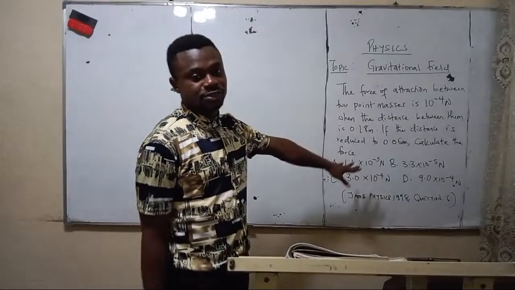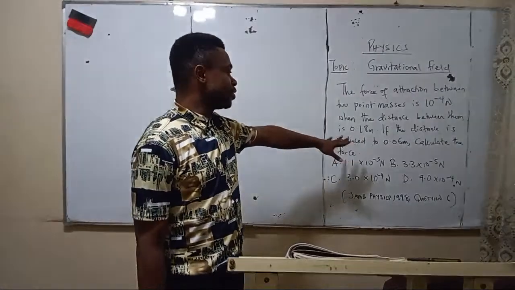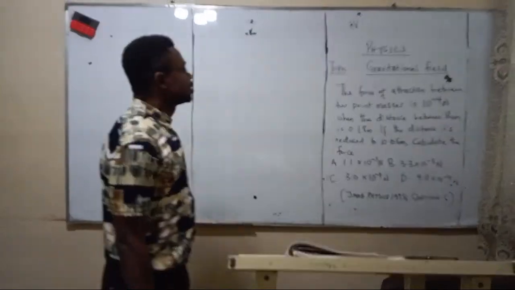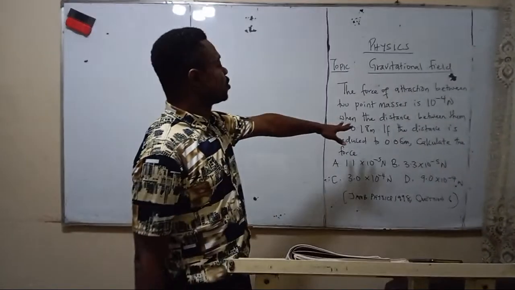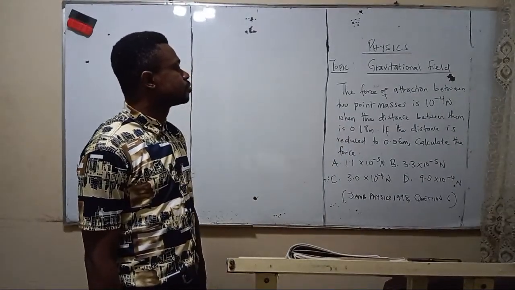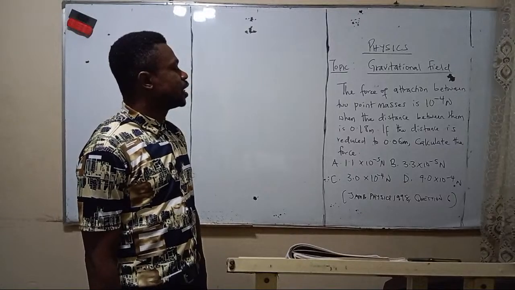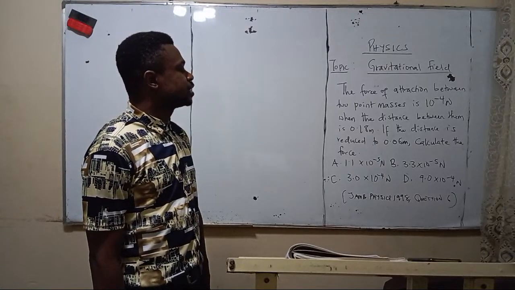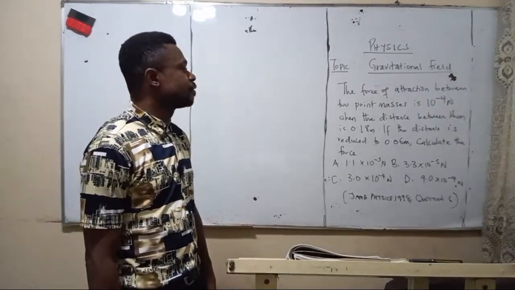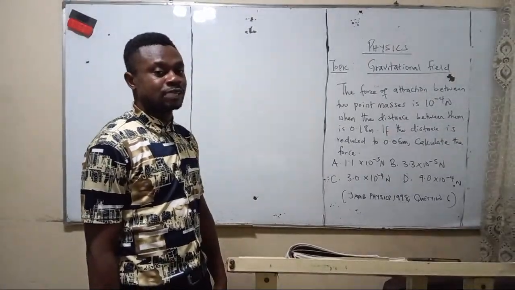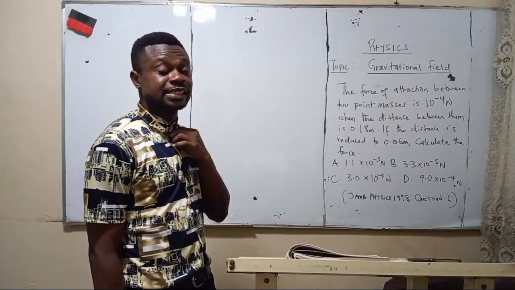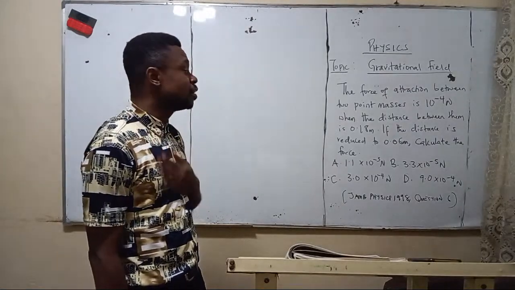This talks about Newton's law of universal gravitation. The law is an inverse square law, because it says the force of attraction between two masses is directly proportional to the product of the masses and inversely proportional to the square of the distance between the masses.